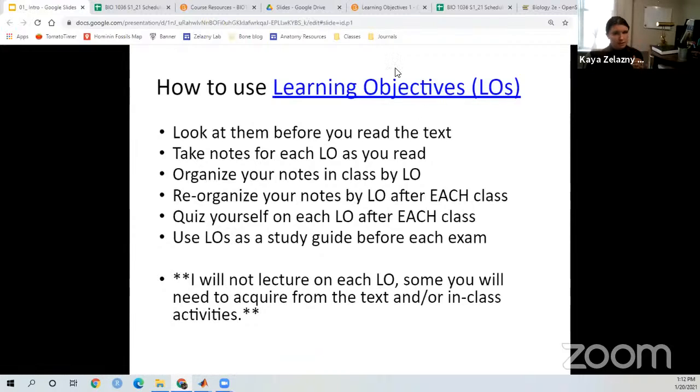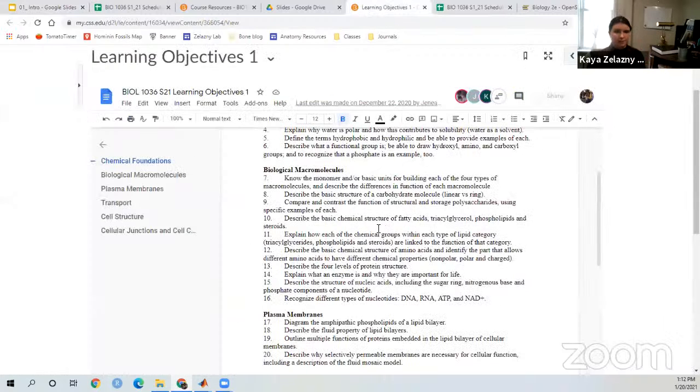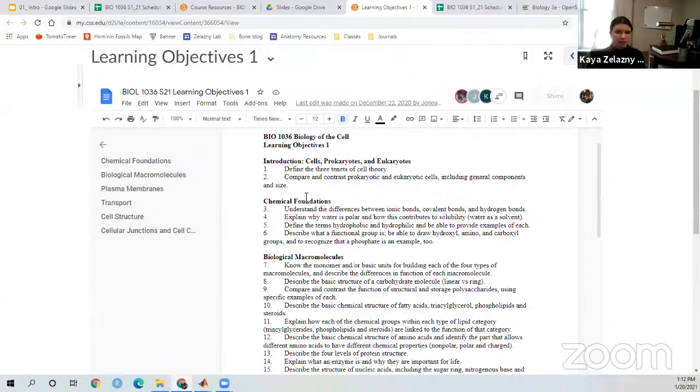Because if you get to a section, say, you don't need to know atomic number, mass stuff for chemistry, right? You look at this chemical foundations learning objectives, you notice atomic mass, atomic number is nowhere in these learning objectives. So that's a second way you would know you can skip that section in the book.